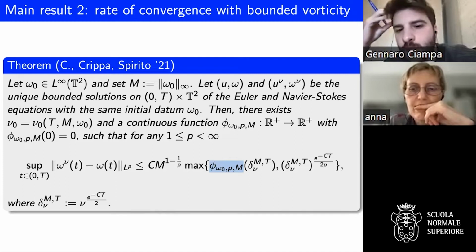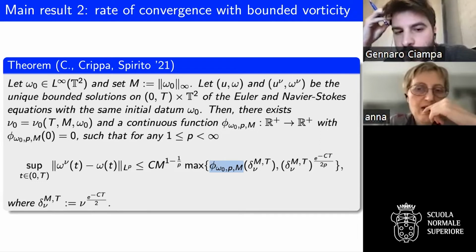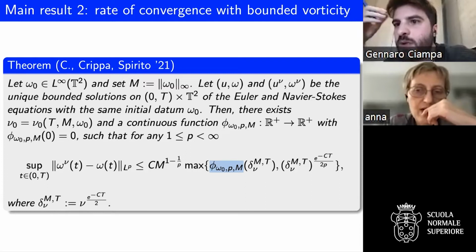But of course, at least by the work of Constantin-Ignatova-Vicol, you can say that there is propagation. I mean, there is a losing estimate, so there is not really a propagation.